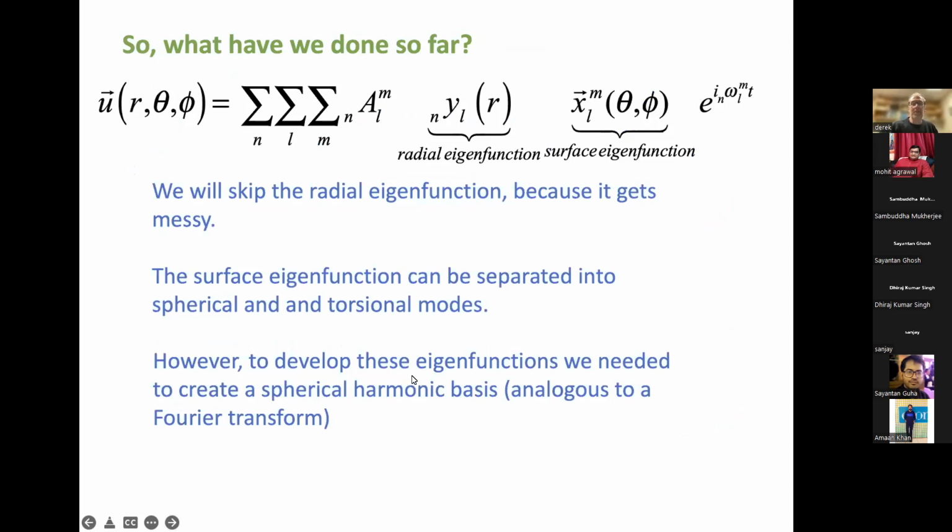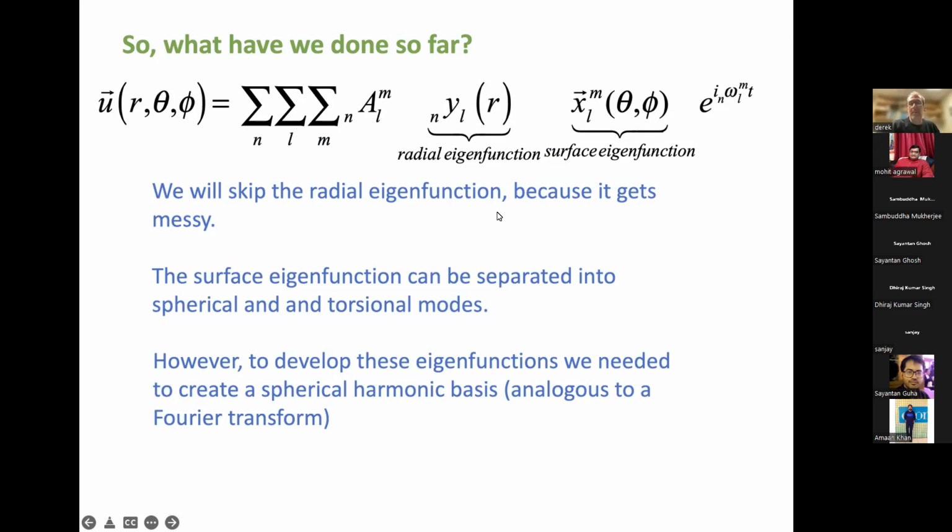So what we've done so far is we've said the deformation at any point on the Earth is going to be a sum over N, L, and M of an amplitude function that describes a source, times a radial eigenfunction, times a surface eigenfunction, which is a vector, times e to the i omega t.